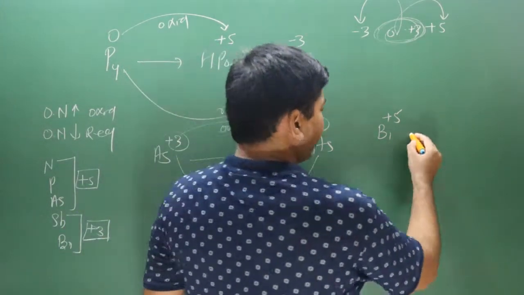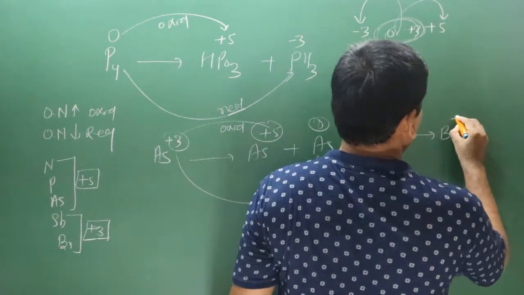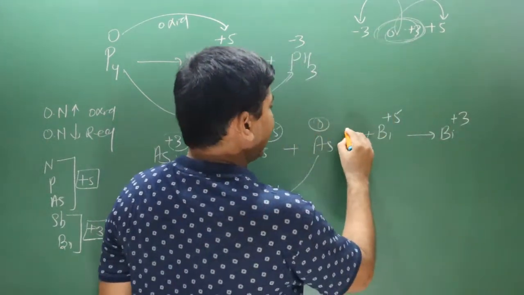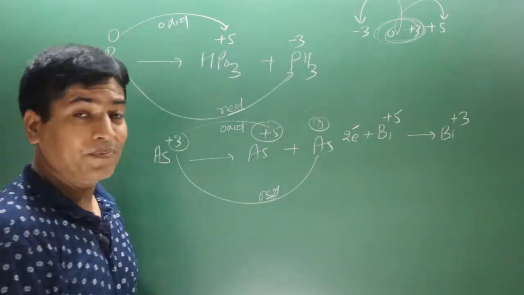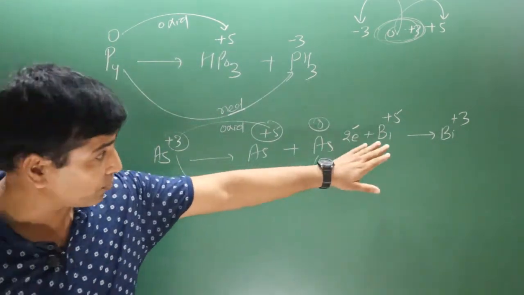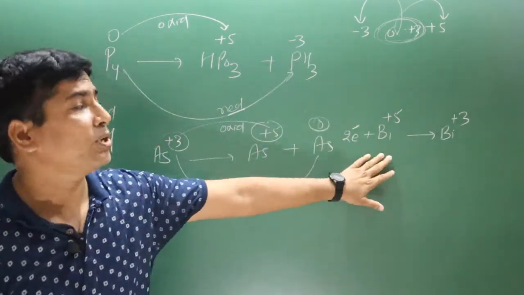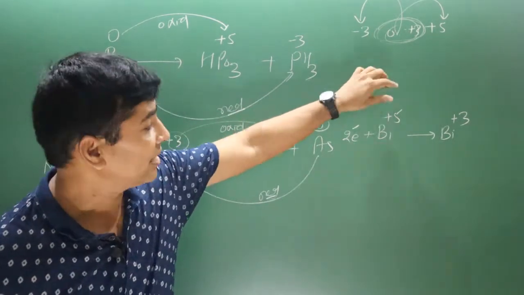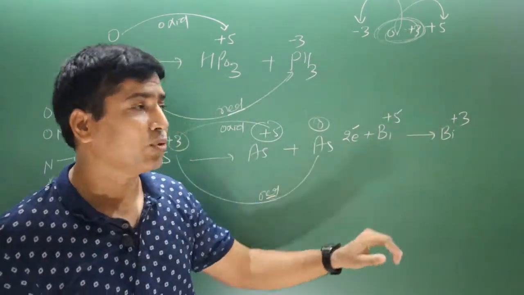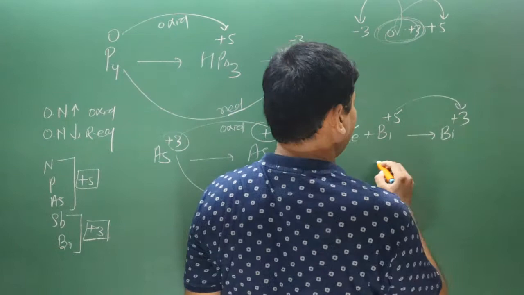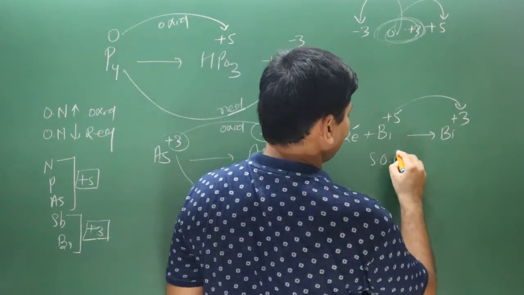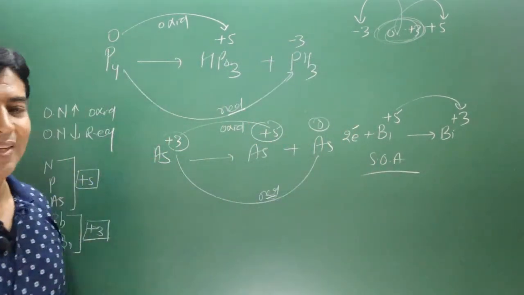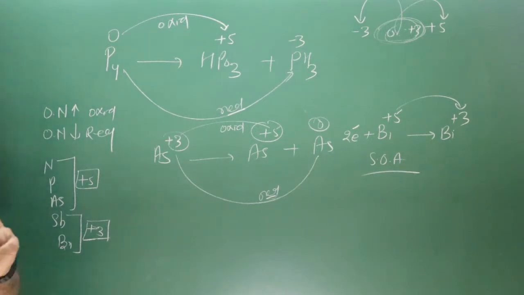So easily it converts into +3 oxidation state by gaining 2 electrons. Since it has a greater tendency to undergo reduction, it will act as a strong oxidizing agent.